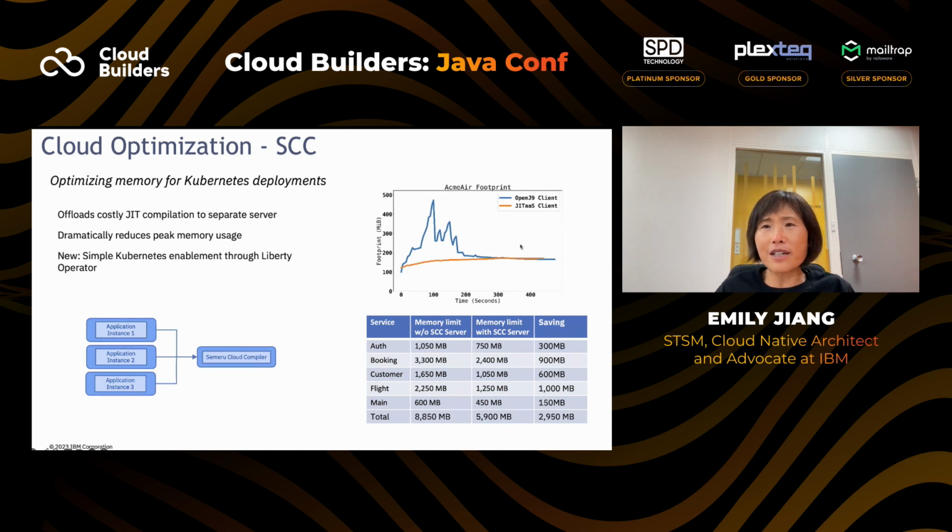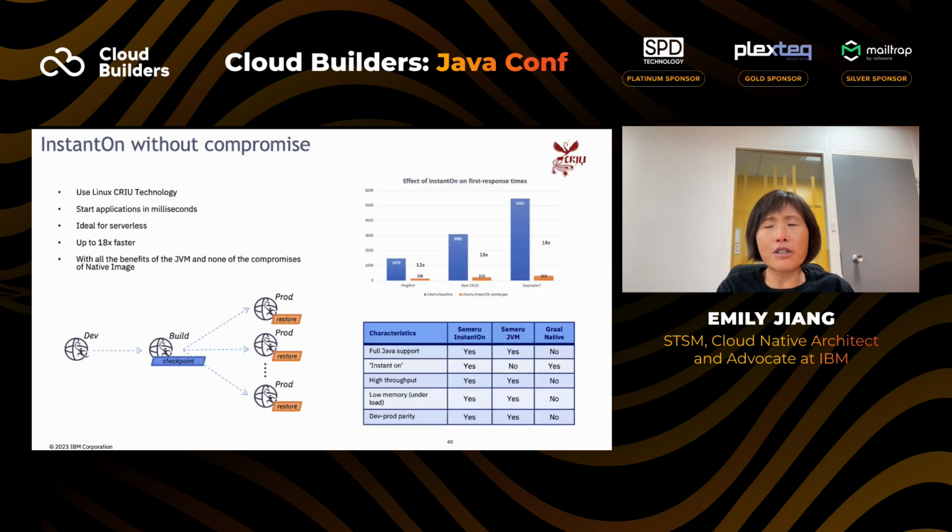This is the orange graph. As a service, as you can see, it has got rid of the spikes. The other thing is startup. The problem with the JVM sometimes is that it takes time to load all the cache, etc.